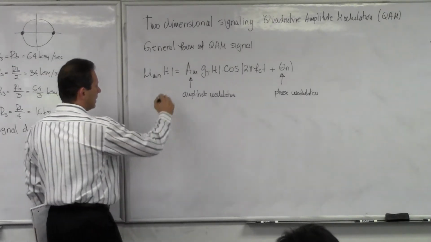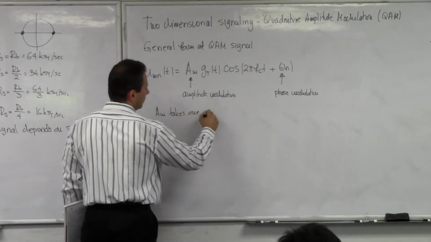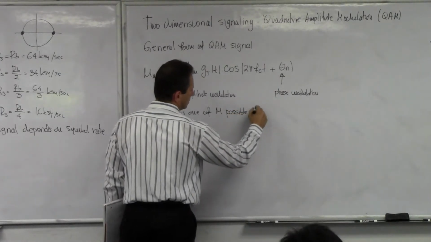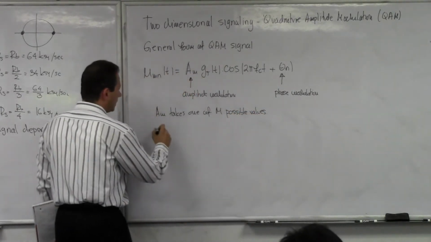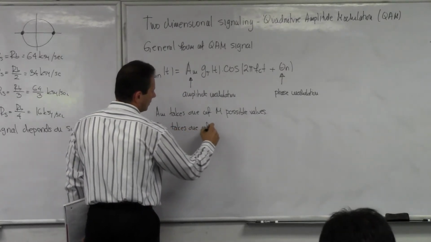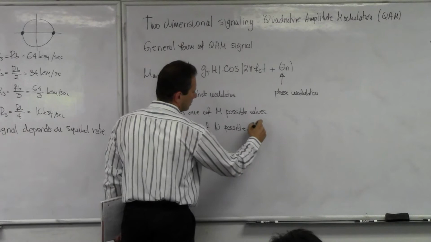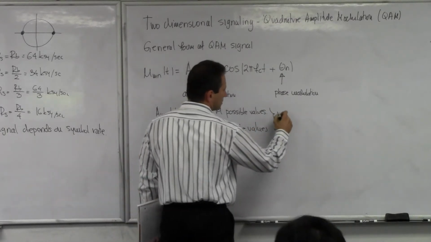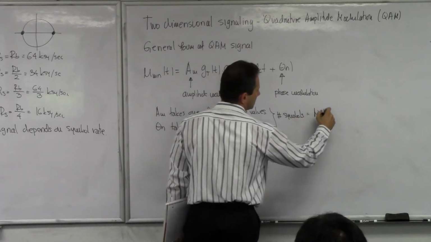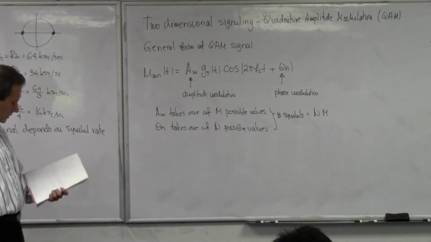We're gonna say that A_m takes one of m possible values. Right? And theta n takes one of n possible values. So the number of symbols is going to be m times n. Right? So you can have any combination of all these symbols.